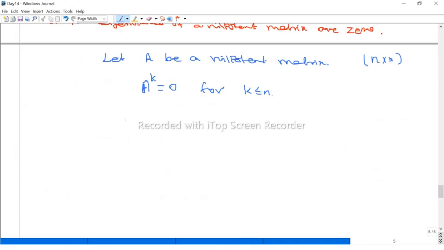Now suppose we take some eigenvalue lambda. We have to show that the eigenvalue should be 0.